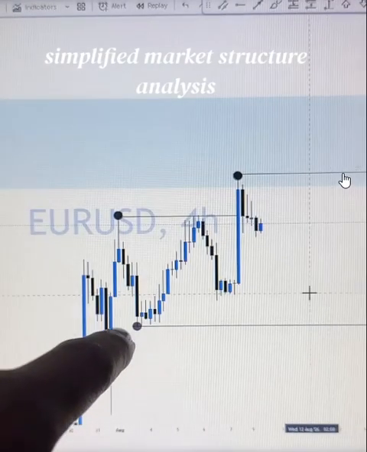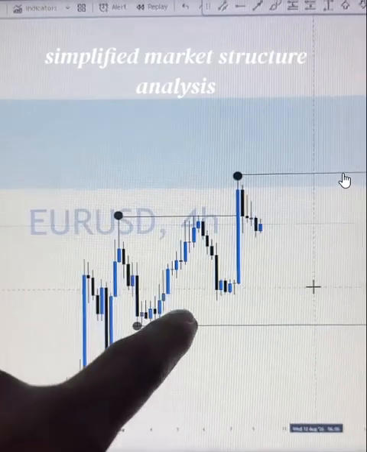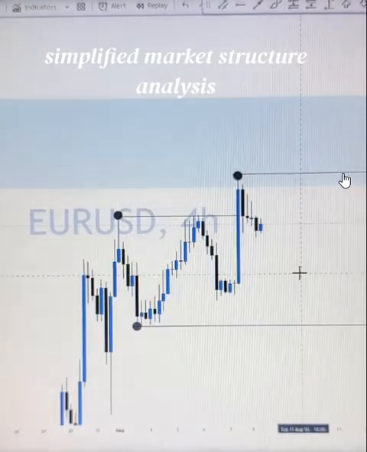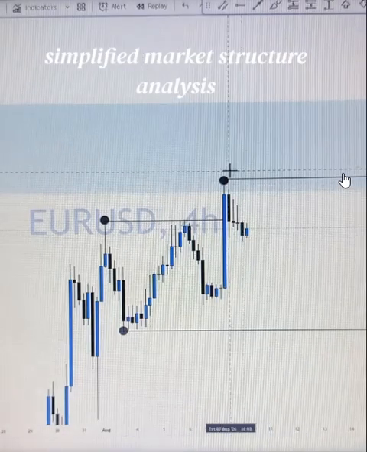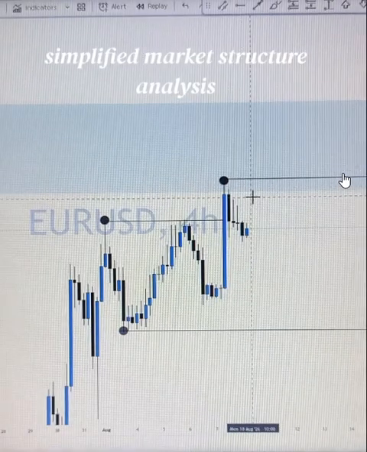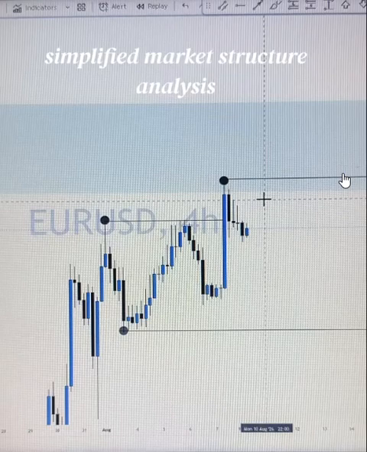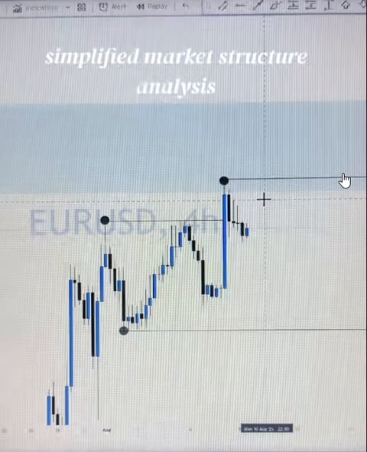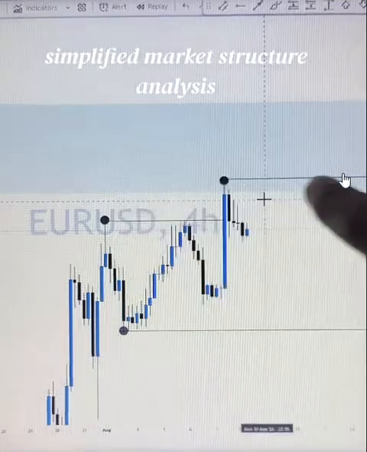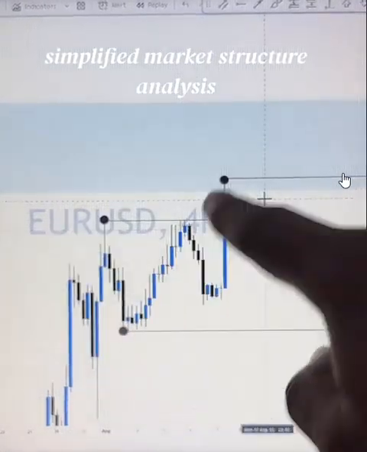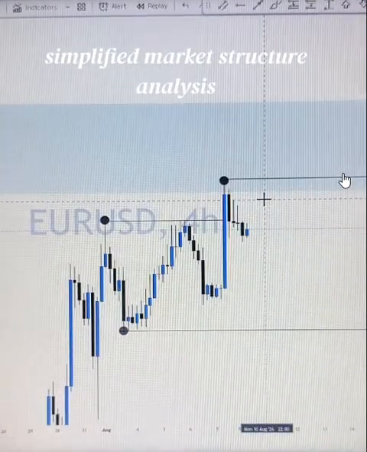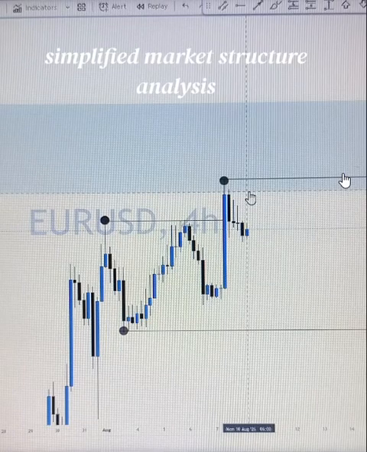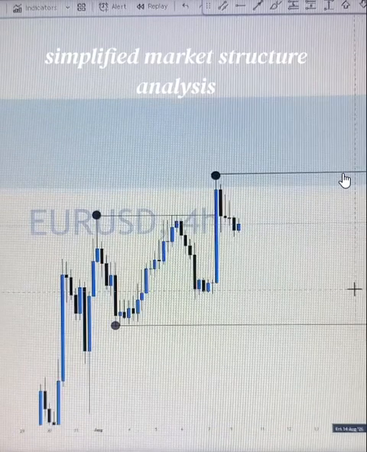But now 4 hours is still bullish. It simply means that this daily formation cannot be traded yet. We cannot sell on daily until this 4 hour structure here turns bearish. That is what we call time frame alignment.